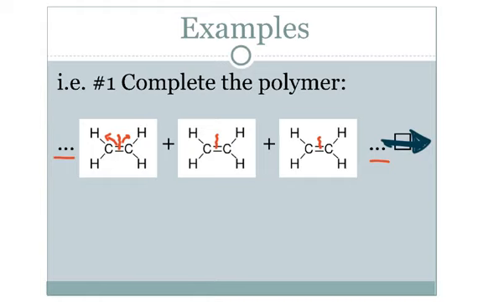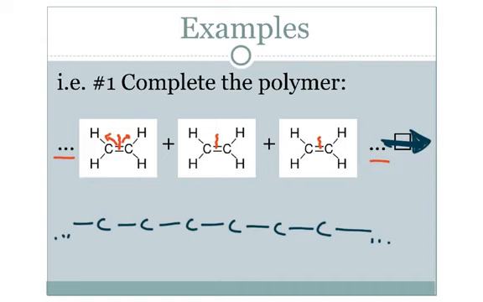So when we show the polymer, if you have a look, we have 6 carbons in total. We're going to show 6 carbons. 1, 2, 3, 4, 5, 6. We're going to show those dots on either side because, again, this is a small part of a really, really huge chain.